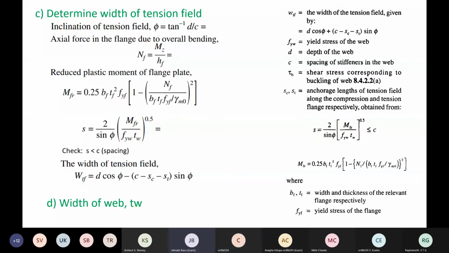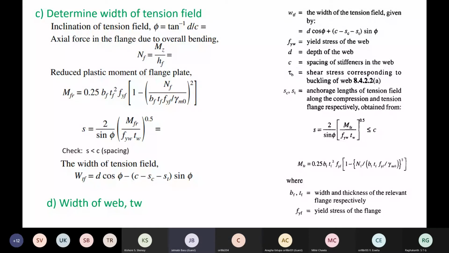After calculating MFR, we will go for S, that is 2 by sine phi into (MFR by FYW TW) whole power 0.5. MFR you have calculated, it should be in Newton mm. FYW is 250 Newton per mm square, and TW is thickness of web.